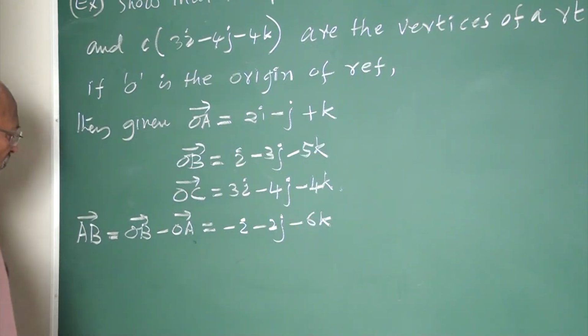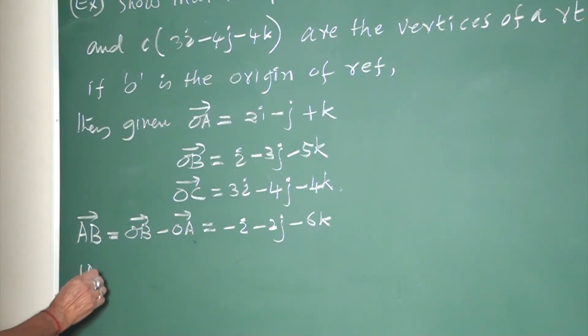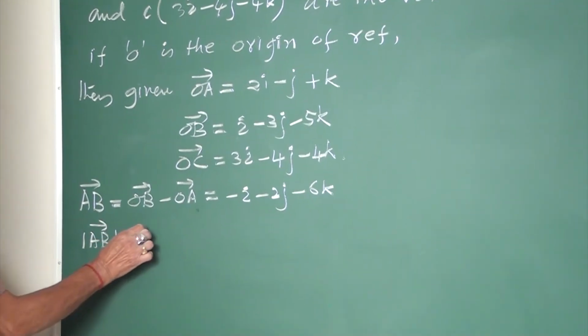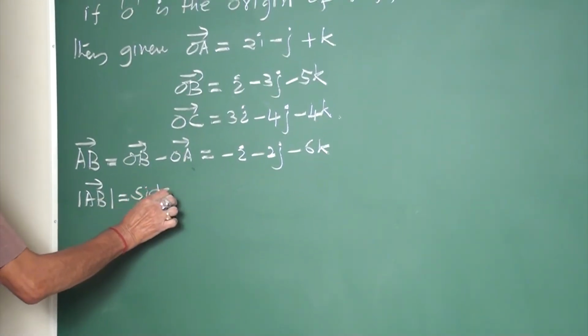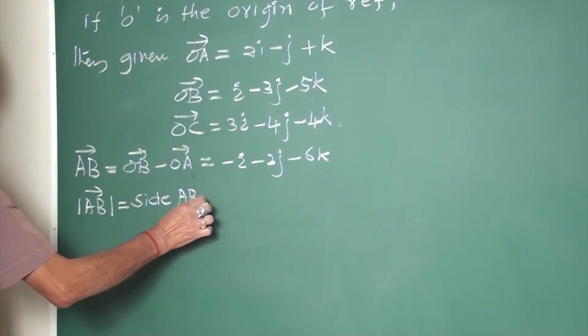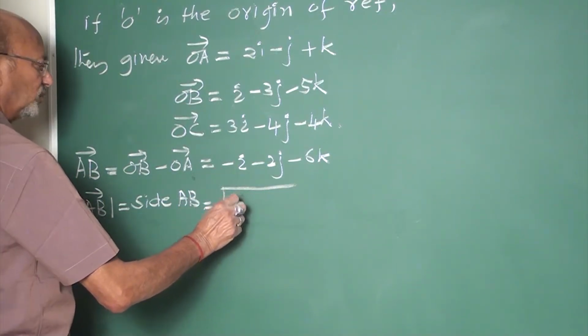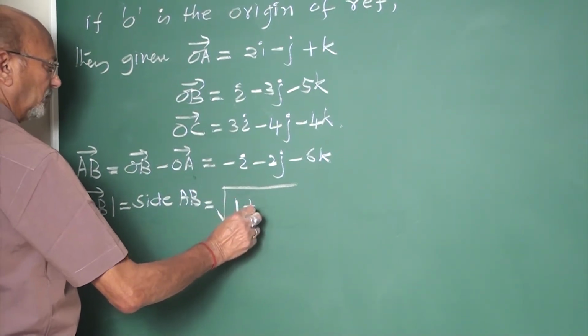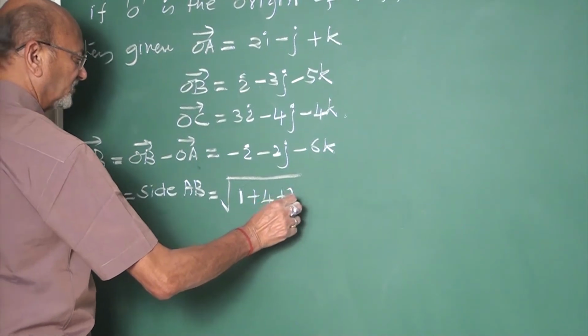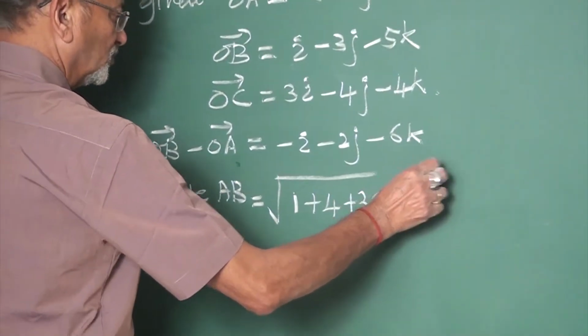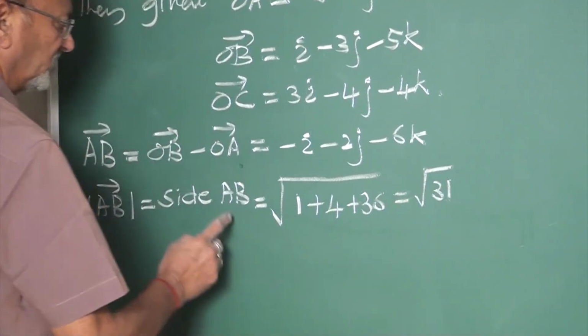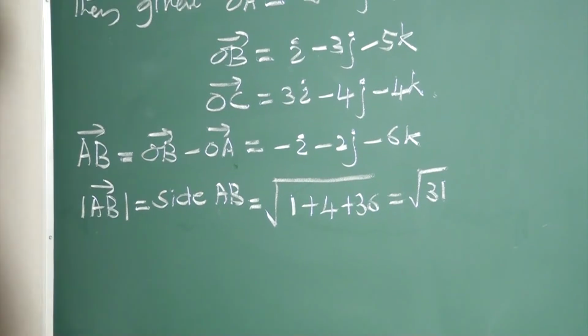Then you want the magnitude of AB, which is side AB. It is square root of minus 1 the whole square, plus 4, plus 36, which is root 31. Side AB is root 31.